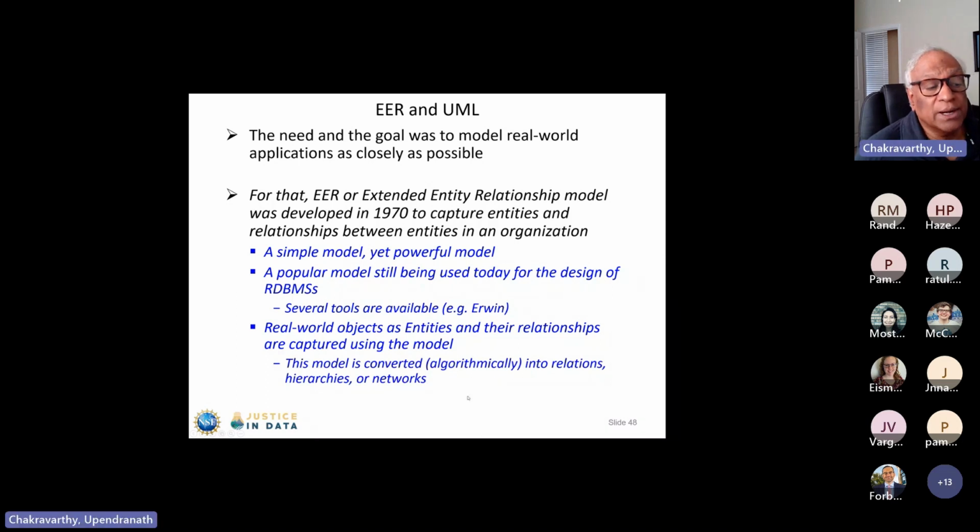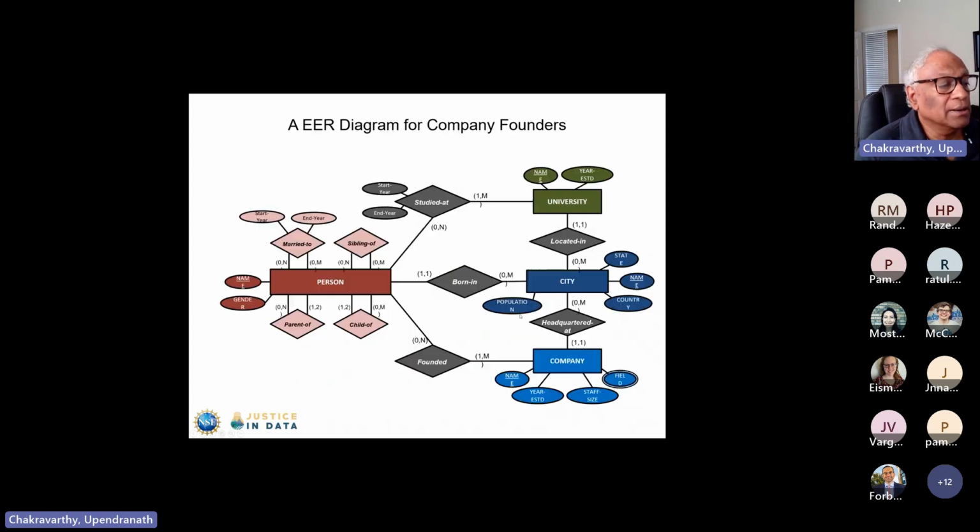This model is converted automatically, algorithmically, into relations, hierarchies, or networks. So that is the advantage. Doing the ER model is done by humans, but converting it into relations is done using an algorithm.